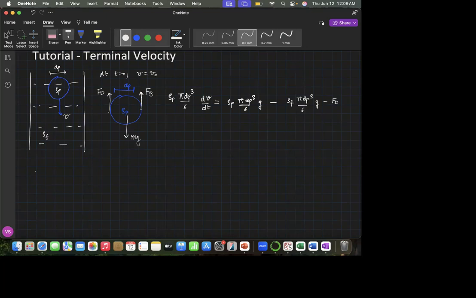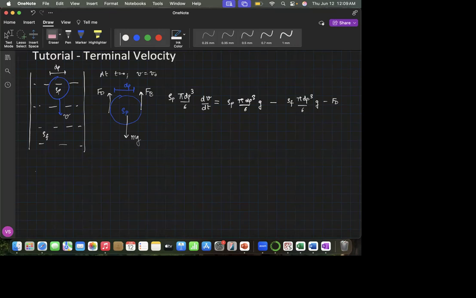So, to evaluate drag force, we actually define something called the drag coefficient. Drag coefficient is nothing but a dimensionless drag force. Okay. So, let's try to see what exactly would be the dimensionless drag force.